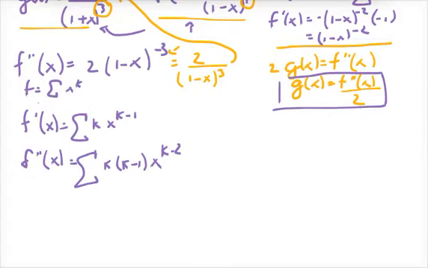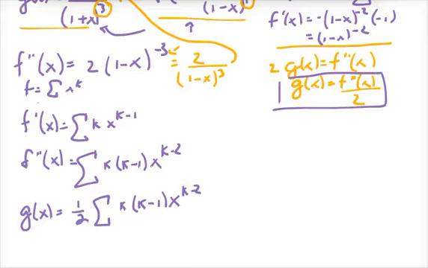So let's do that, and we get g of x is equal to 1/2 the sum of k times k minus 1, x to the k minus 2. And again, I drop my indices when I work with it at times.